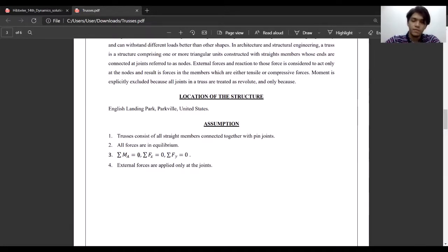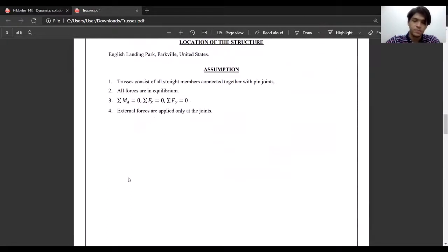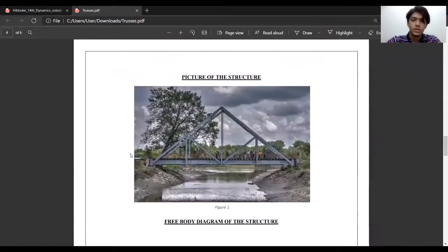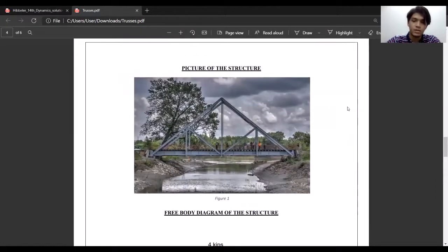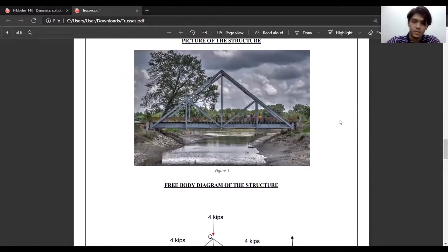The total of vertical and horizontal forces is also zero because it remains static. The last one is that the external forces are applied only at the joints. So here's a picture of the real structure. It is a horse truss at English Landing Park, Parkville.